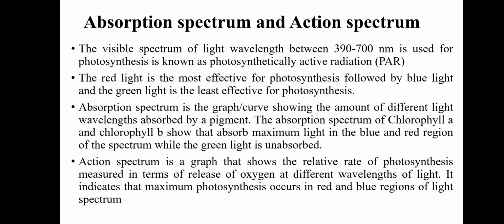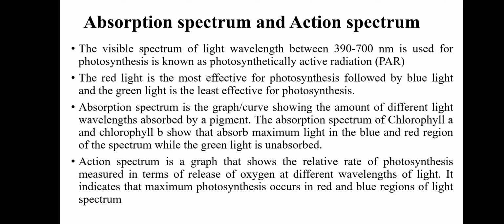Then absorption spectrum and action spectrum. Please read these two terms thoroughly, as they are very important. What is the difference between absorption spectrum and action spectrum? The visible spectrum of light, wavelength between 390 to 700 nanometer, is used for photosynthesis and is known as photosynthetically active radiation.